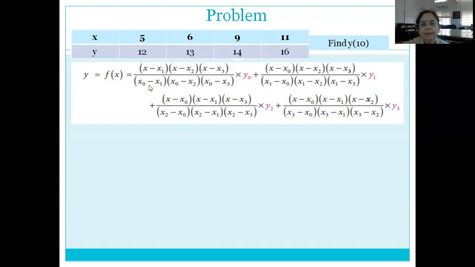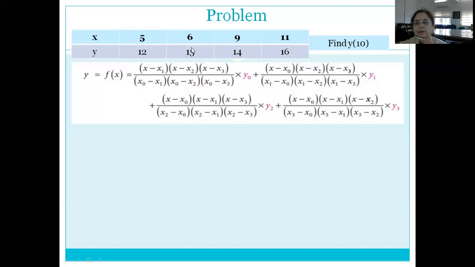Again, I am repeating, take note that if by mistake we write x minus x0 initially, in the denominator it would become x0 minus x0. So this factor would become 0 and the whole value becomes division by 0, because this is a multiplication. This is a point at which we should be careful and remember it. This is multiplied by the first data point, which is 12.